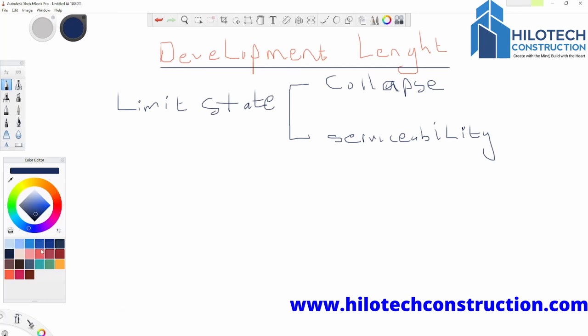Now let me demonstrate that by this example. Let us just imagine that this is a slab. By a slab I mean a floor. This is a floor that has been designed, and for collapse it is okay, which means it is strong, very solid. Whatever load we put up here according to the design is okay. But now let's say someone comes to live on this surface, and maybe this slab is on a cantilever.